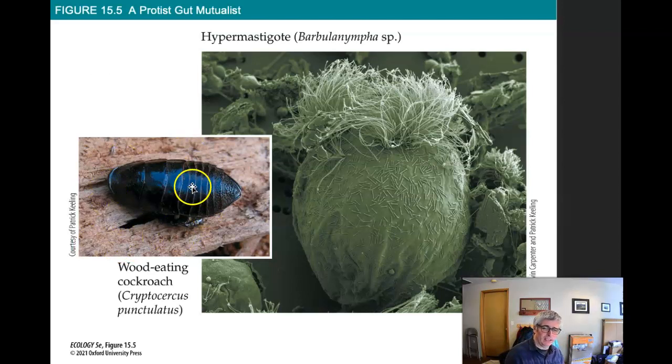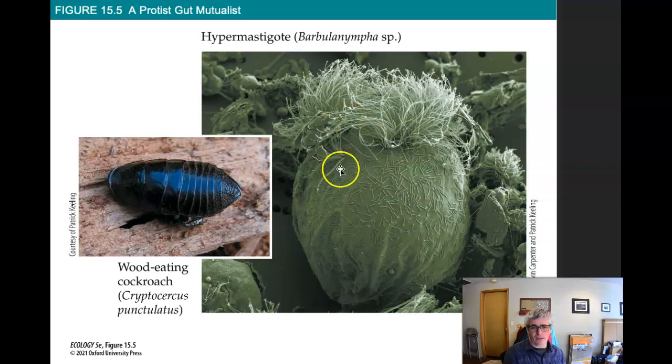So here's this wood-eating cockroach, kind of a disgusting-looking little critter, and this is a protist that lives within their gut that breaks down cellulose. There's a mutualistic benefit here where the protist has a nice home in the gut of a wood-eating insect like this cockroach or a termite.